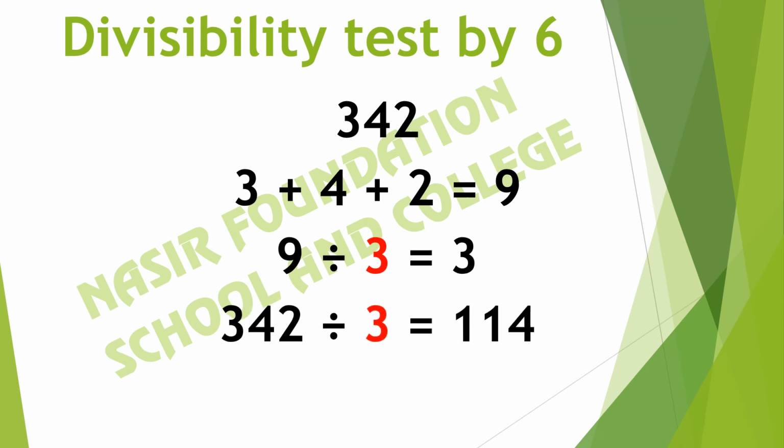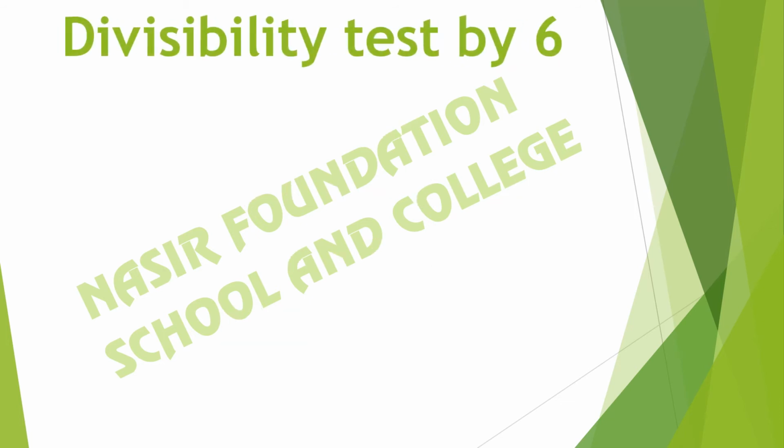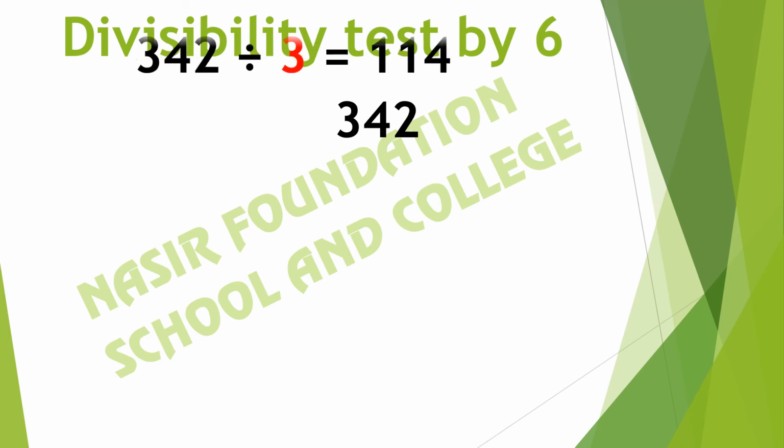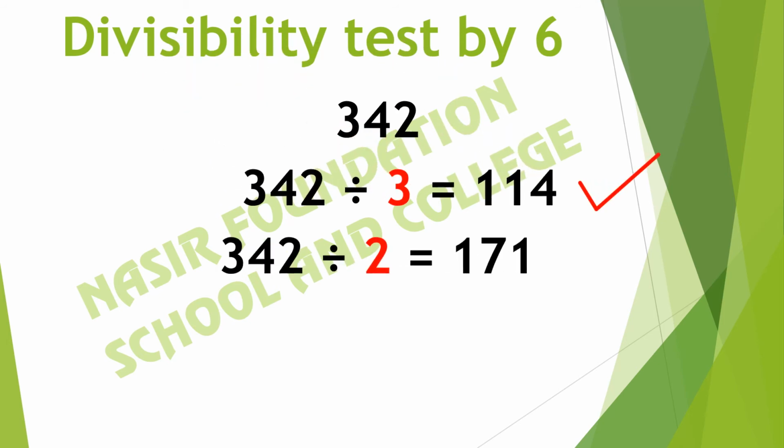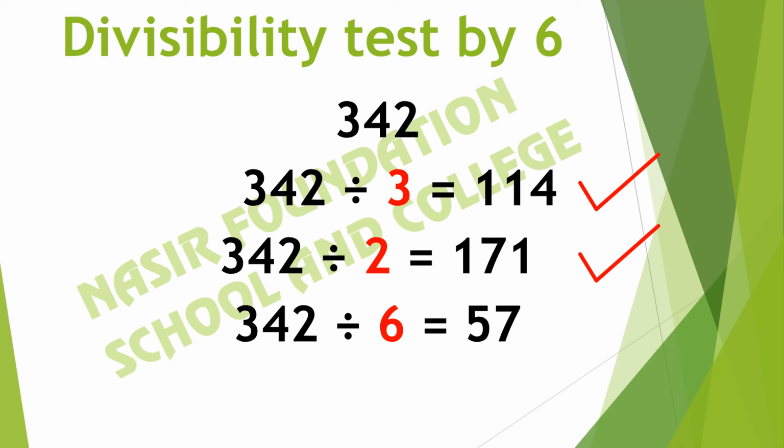If we actually divide it, we get the answer 114. It means 342 is divisible by 3. It is also divisible by 2. It satisfies the condition. It means 342 can be divided by 6. If we divide 342 by 6, we get the answer 57.